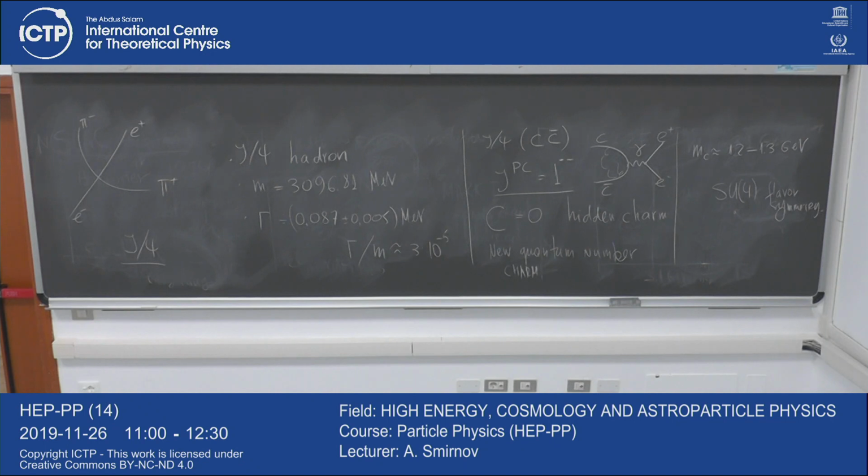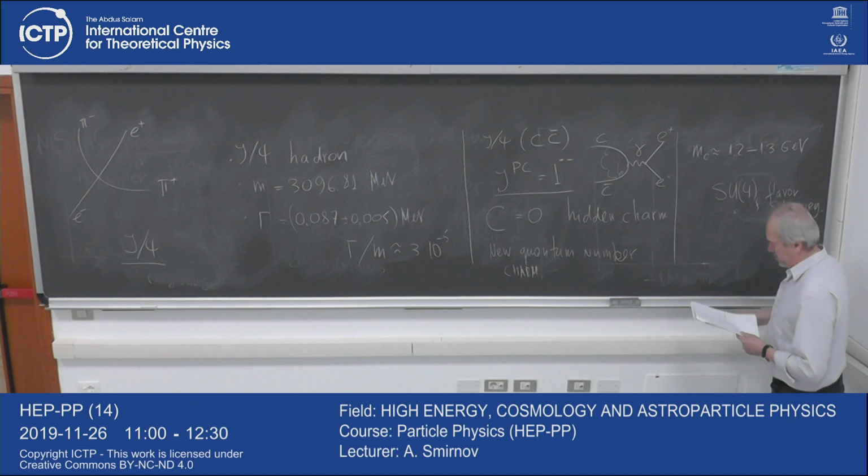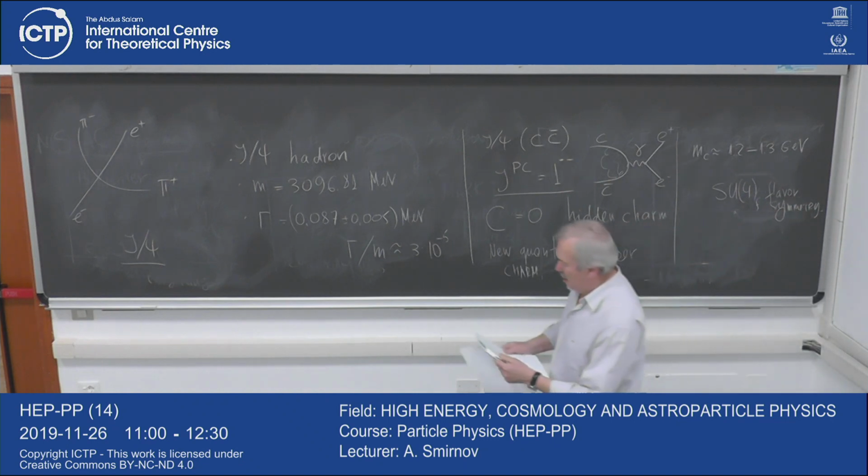So remember, we had SU(3) flavor symmetry before, which includes the u, d quarks and the strange quark. Now we add another quark, and so the fundamental representation of the flavor group is 4, and this is SU(4), the extended flavor group. Let me put here the flavor index, so the flavor group.